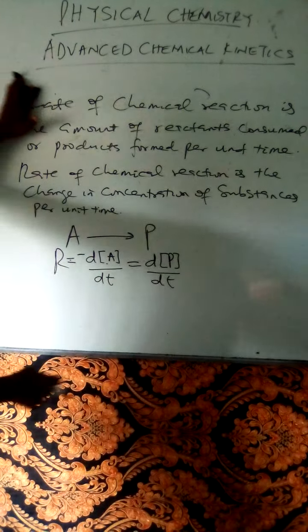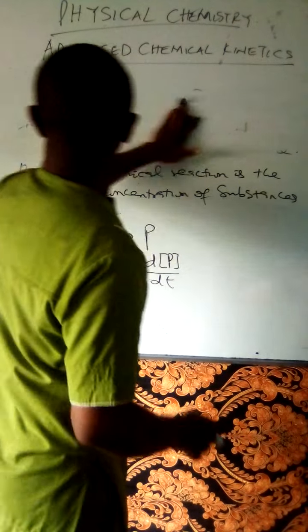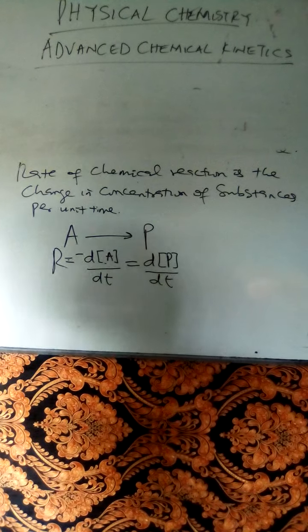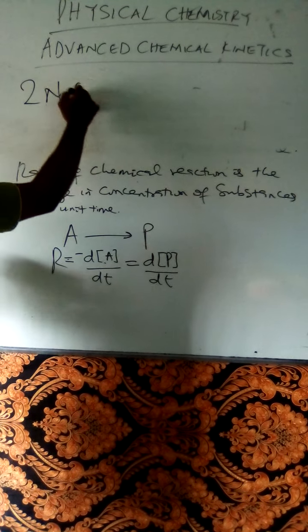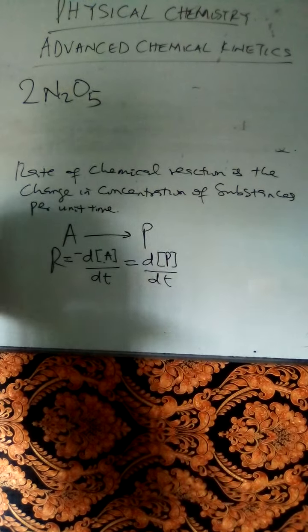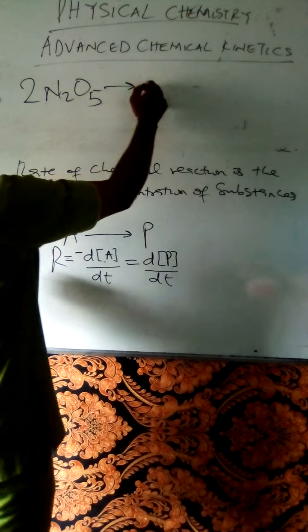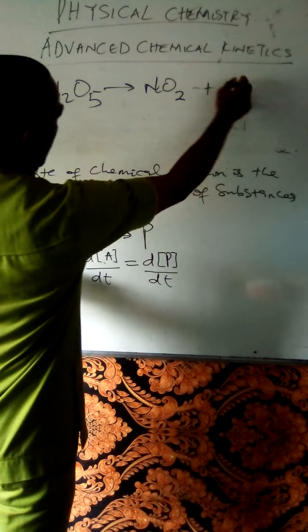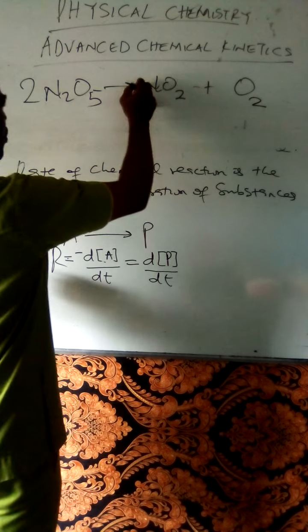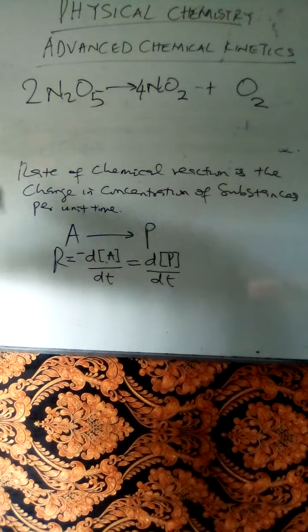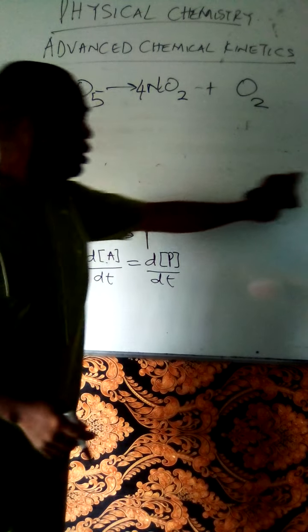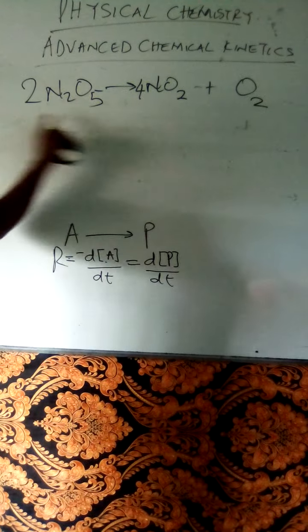Okay? Having understood that, we now take a typical example of a chemical reaction. For example, let's look at the decomposition of nitrogen pentoxide, N2O5, which will give us nitrogen dioxide, NO2, and oxygen. It's a balanced equation. How do we relate the rate of chemical reaction of the substances here?